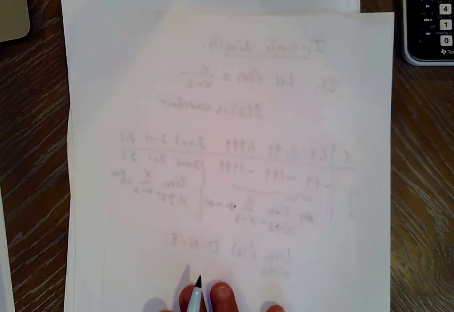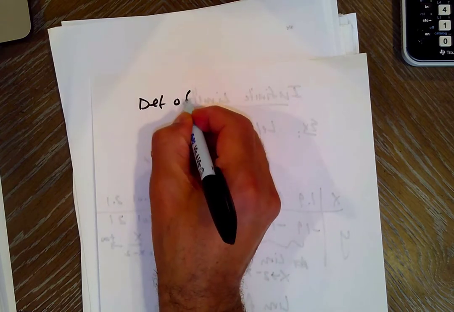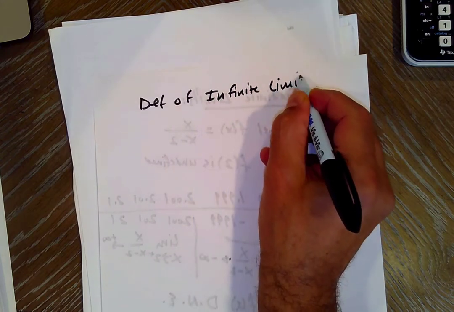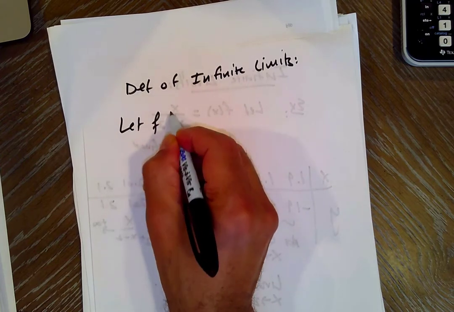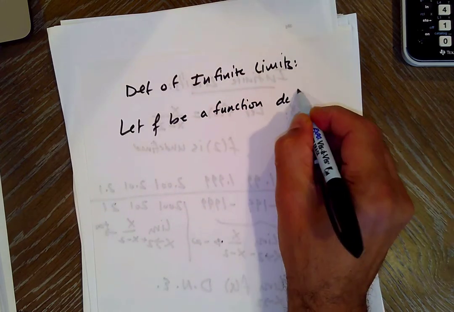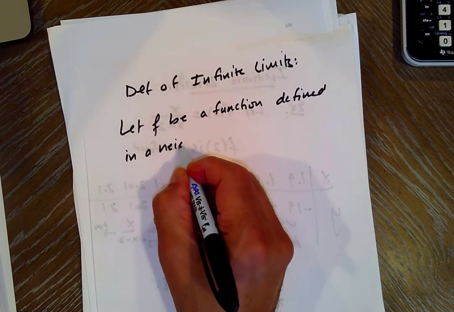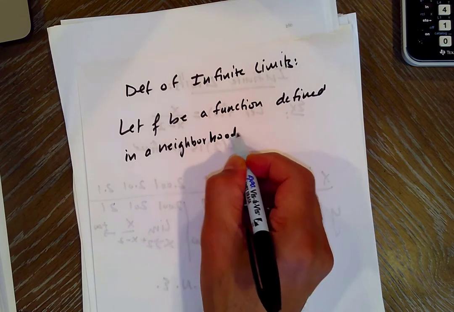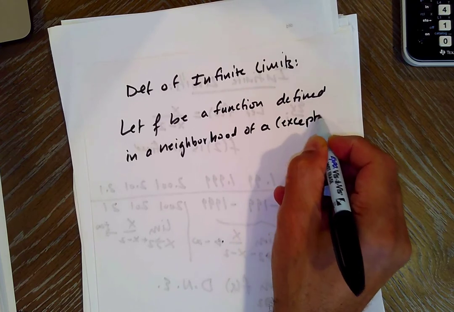Okay, what's the definition? Now we just saw an example. So the definition of infinite limits. Let f be a function defined in a neighborhood of a, except possibly at a.